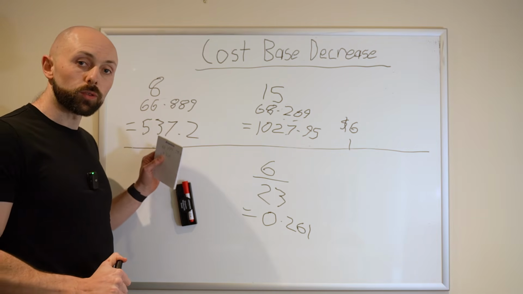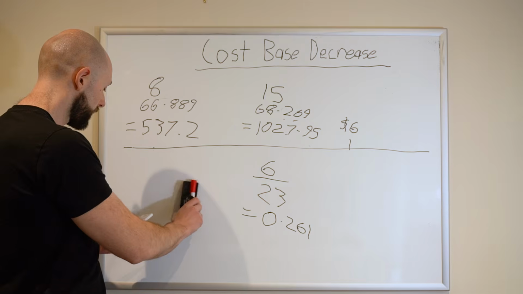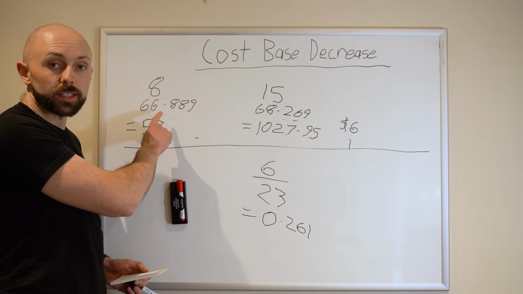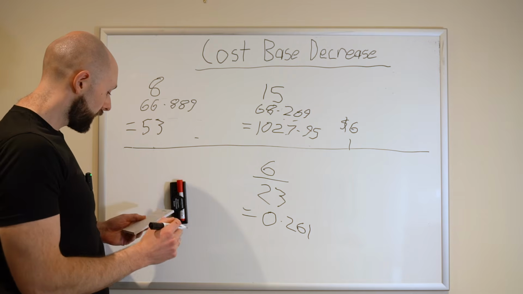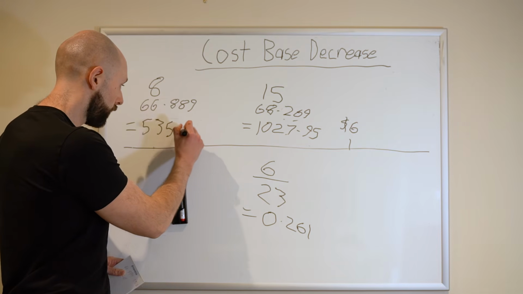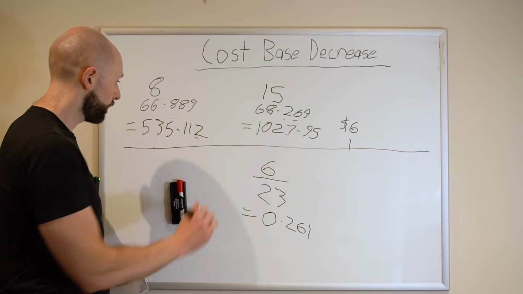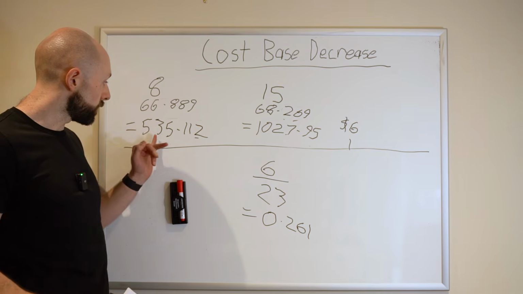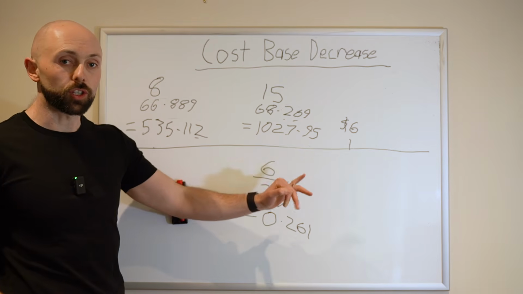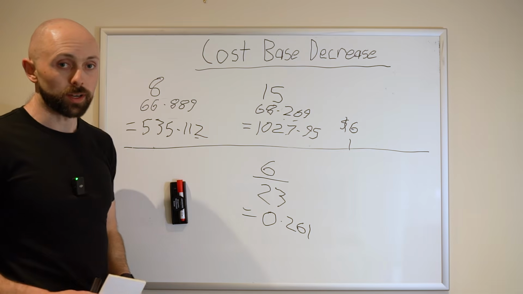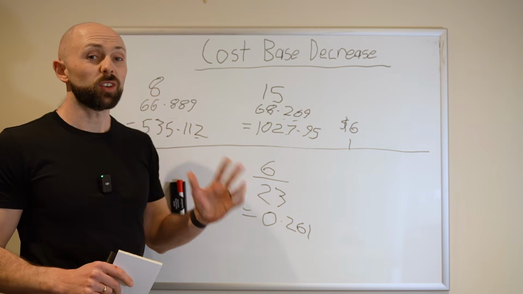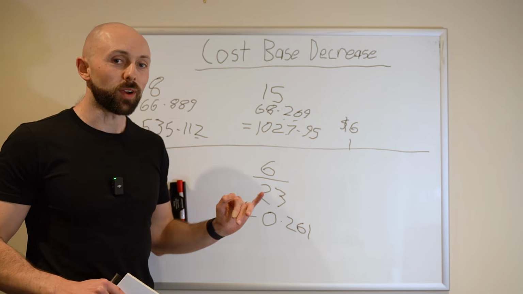So our original cost base of 537.20 changes again because it's now 8 times 66.889, and that gives us 535.112. So now our cost base has changed to this. Then when we sell this parcel in the future, we've already adjusted the price. So hopefully now you've got a good understanding of how a cost base decrease works from your AMIT statement.